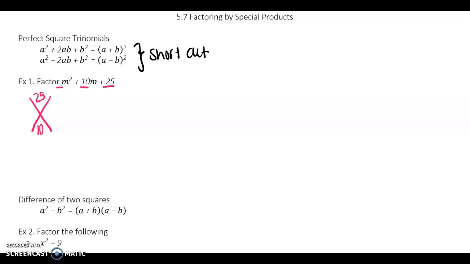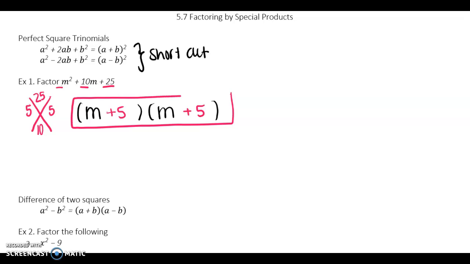Then you want to think of two numbers that multiply out to 25 and add up to 10. So that's 5 and 5. So we're going to write the template. Notice in this case I'm using m and not the variable x. And then plus 5, and that would be our answer. Okay, so that's the first method.